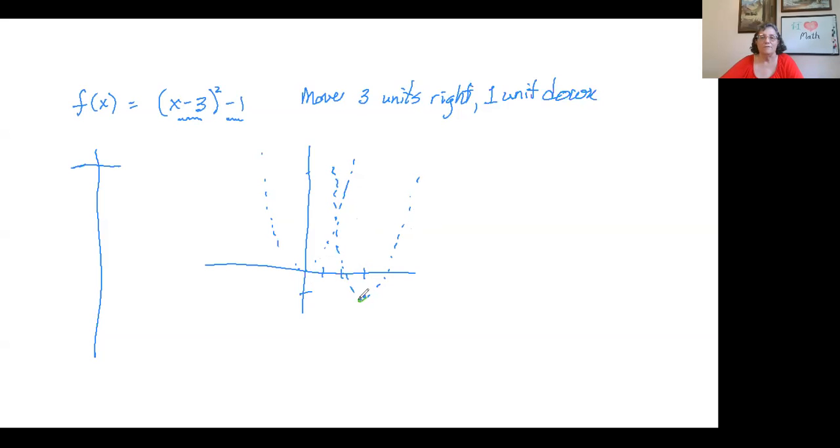So our graph, in this case, is going to look like this. The vertex is obviously going to be at the point positive 3, negative 1.